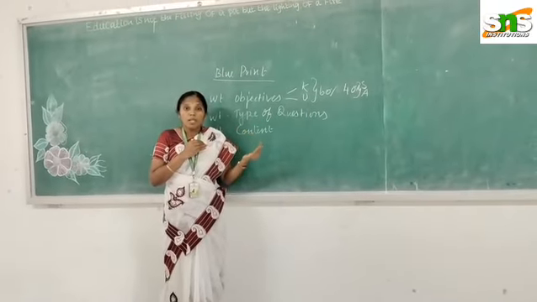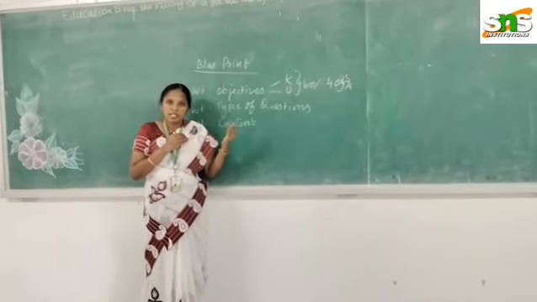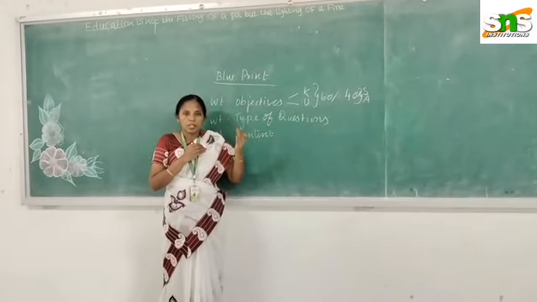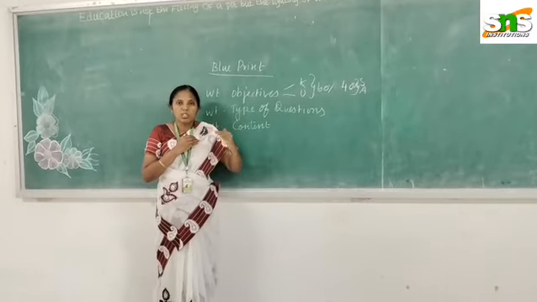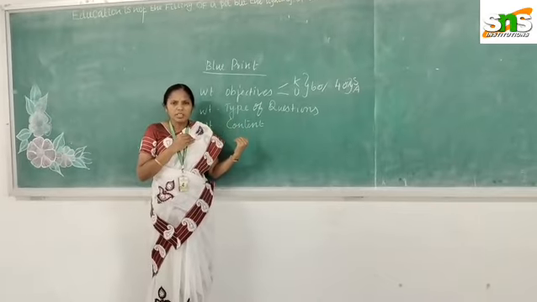You may have 25, 50 or 100 marks, whatever it may be. According to the marks for which you are going to conduct the test, you can divide the content.